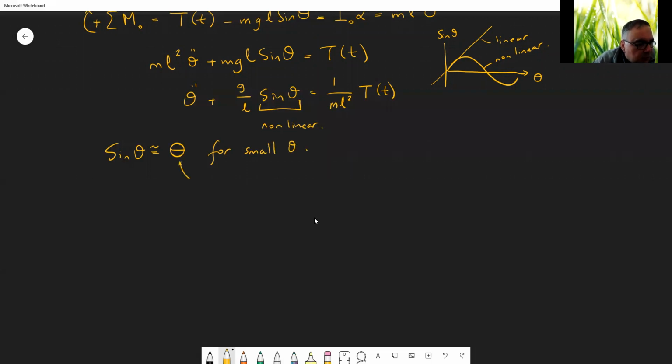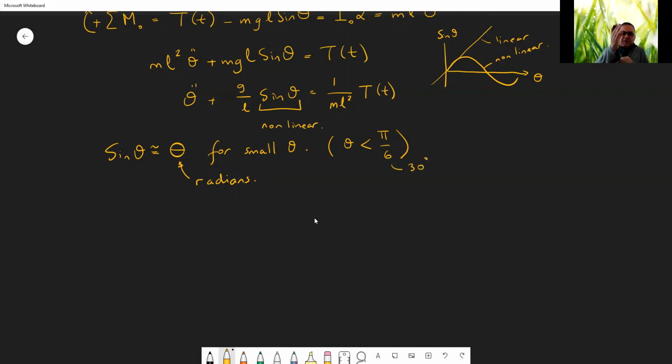And this theta should be in radians, by the way. The natural unit for angles is not degrees, but radians, as you know. So for small theta, how small? We can say that theta should be less than, let's say, pi over 6, which is something like 30 degrees.